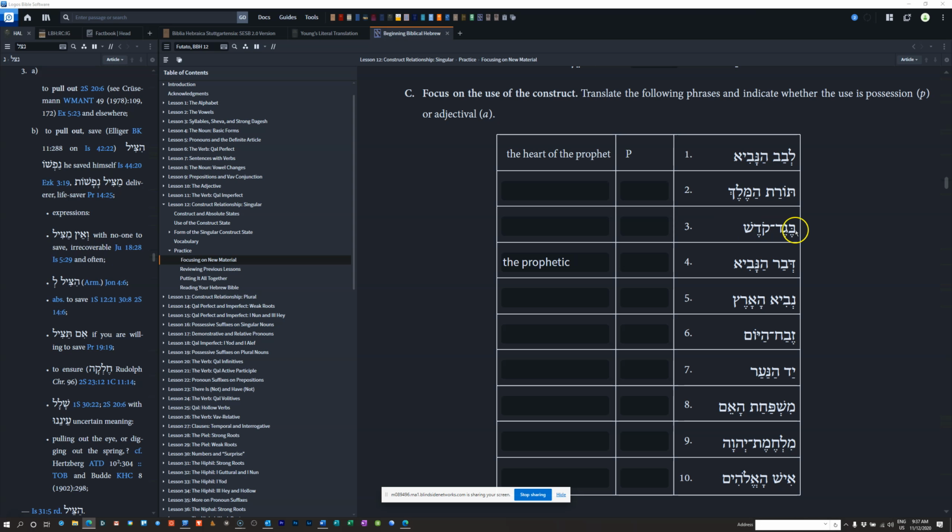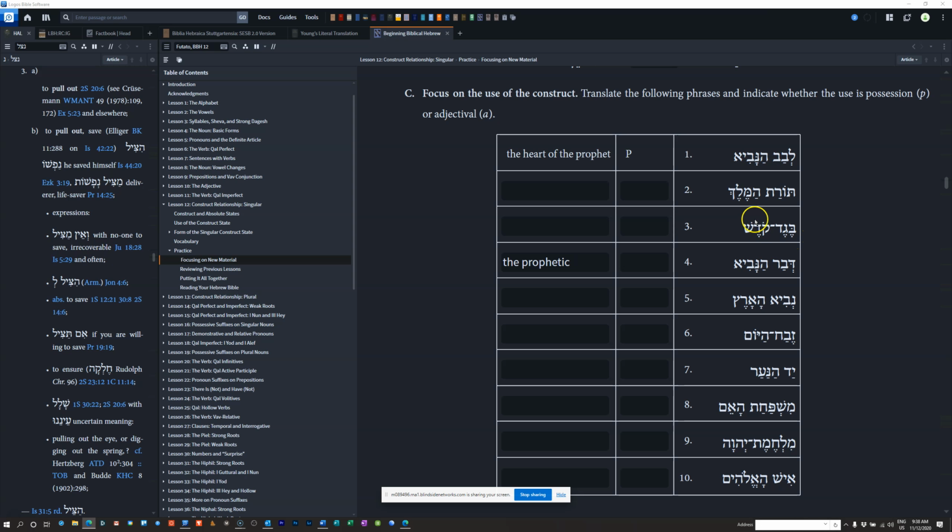So this would be "clothing of holiness." It probably doesn't make sense to translate this as clothing belonging to holiness or holiness's clothing. So possession is unlikely to be the intention here. This is better translated as "holy clothing."